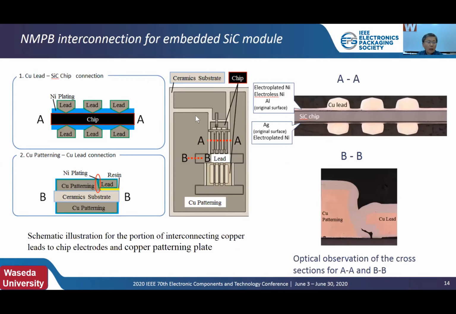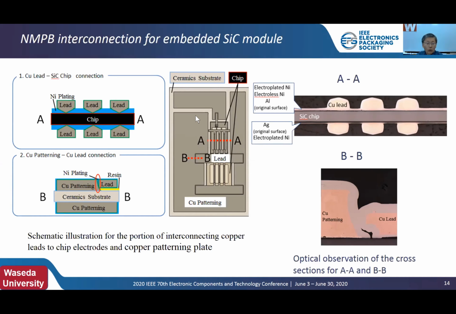The left figures in this slide show a schematic illustration for the portions of interconnections: copper leads to chip electrodes, designated with AA cross-section, and the copper leads to copper patterning plate, designated with BB cross-section.